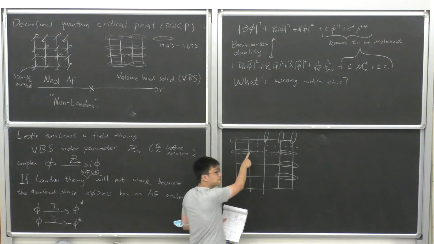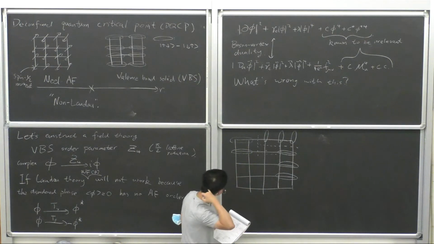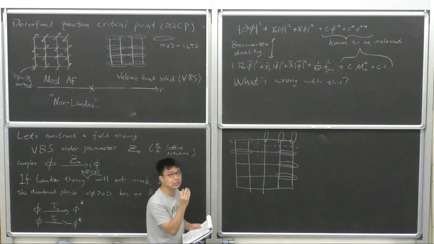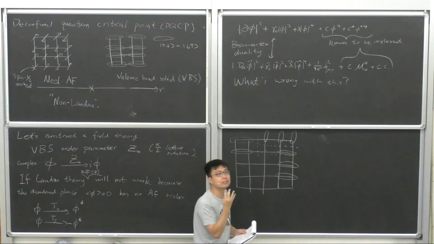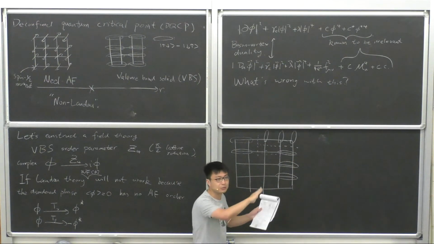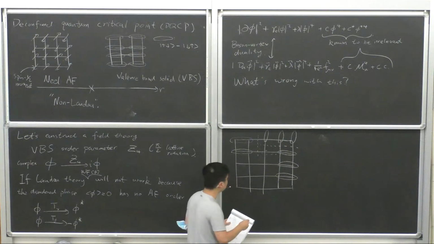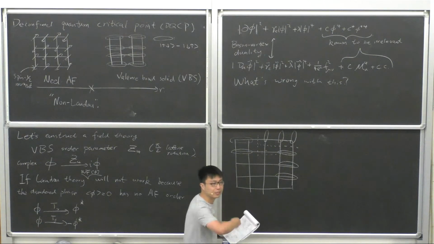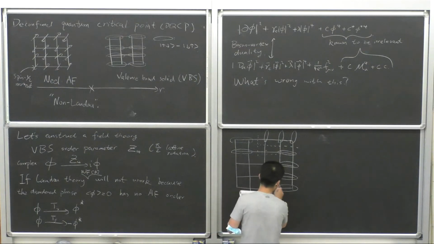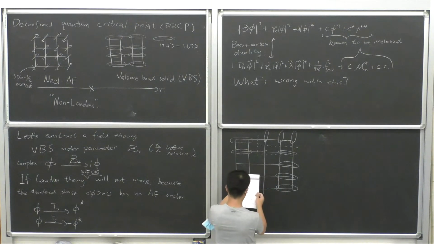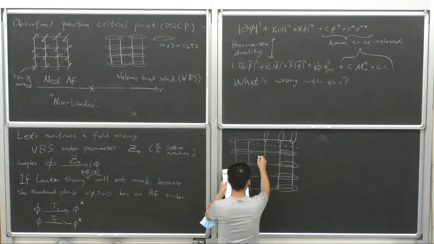Right. So essentially there are 4 inequivalent configurations, and I'm trying to put these 4 inequivalent configurations into this domain wall structure. Hopefully it will become clearer after I complete the picture. So let me just do it.